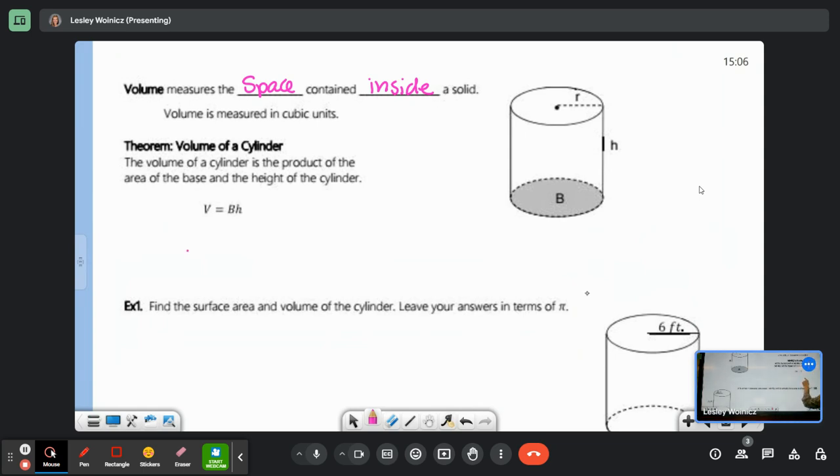So if you think about this base as already having 2 dimensions, if I take something that has 2 dimensions and I multiply it by a 1-dimensional thing, like this is going to be squared, this is going to be to the 1st power, I'm going to get something to the 3rd power that's cubic units. So this is going to be square units times linear units to the 1st power. Okay, when I multiply same bases, what do I do to my powers?